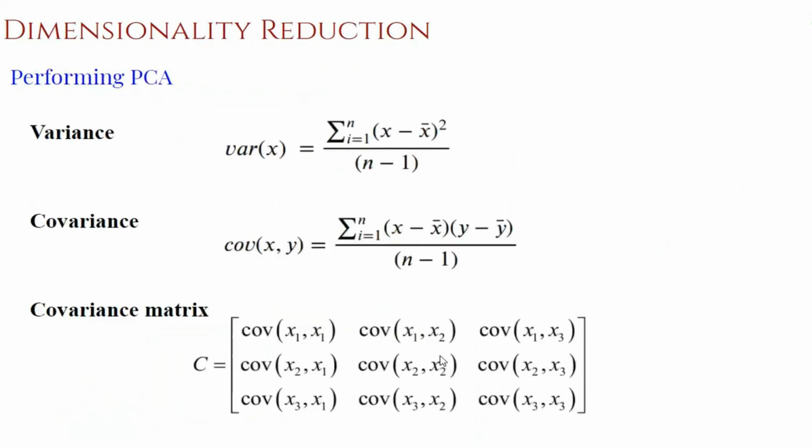Let us try to understand a couple of terminologies: variance, covariance, and the covariance matrix. Variance gives us information about the spread of a particular random variable. It is a measure of the spread, that means it tells us the sparsity information.